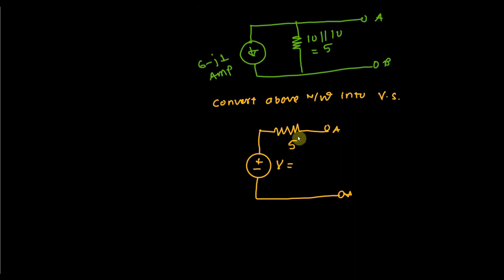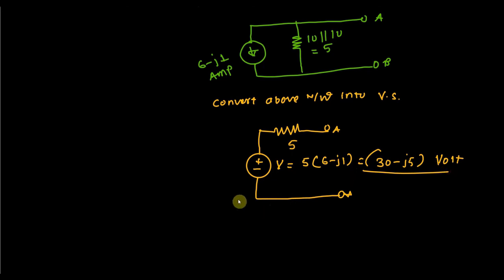So how do you get the voltage? Current into resistance. So 5 into 6 minus J1. So the answer is 30 minus J5 volt. So no need to convert this into another form. So this will be your answer.